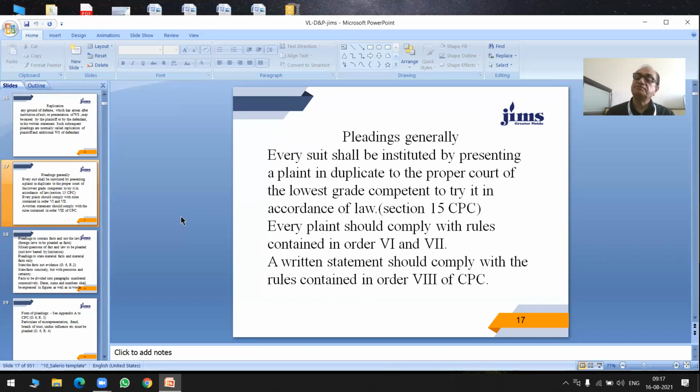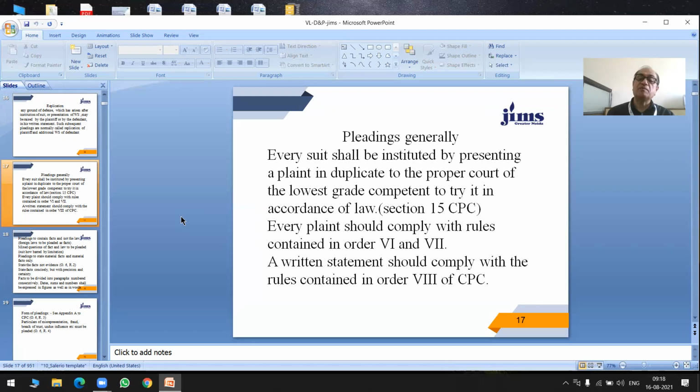And how do you come to know the name of the court? Because the hierarchy of civil courts, the hierarchy of criminal courts, starts from the Supreme Court down to the junior-most court in a district. And you know the law, Section 15 of CPC says that every suit shall be instituted by presenting a plaint in duplicate in the proper court of lowest grade, competent to try it in accordance with law.